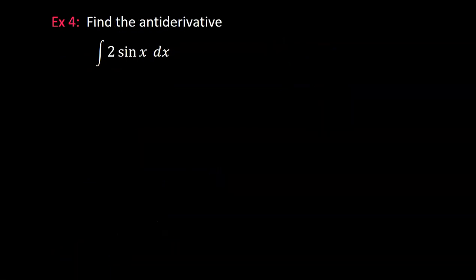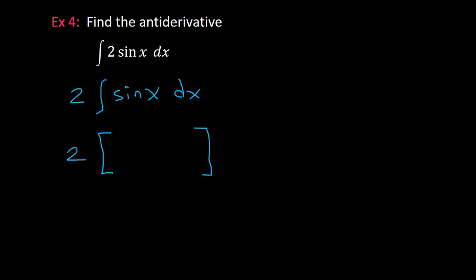Let's find the integral of 2 sine x dx. So we have learned that you can move the constant outside of the integral. So that's going to give us 2 and then the integral of sine x dx. So we will keep the 2 out in the front as we do our integral.